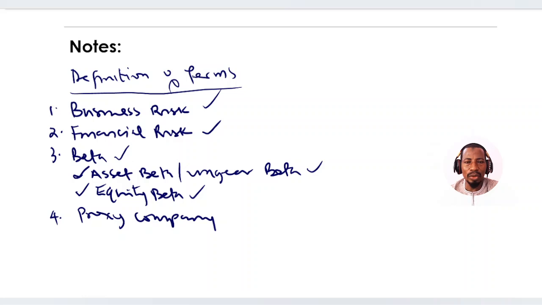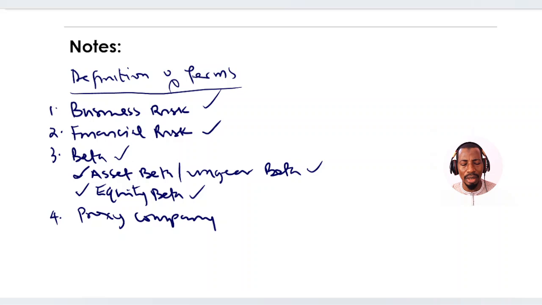So what XYZ PLC will do is to borrow the beta of the proxy company, comparable company, operating in the oil and gas for the purpose of estimating cost of capital that will be suitable to appraise the project in the oil and gas. So when you talk about proxy company, it simply means comparable company, the companies that have similar business risk, okay? Because it is assumed that both the main company and the proxy company have similar business risk, okay?